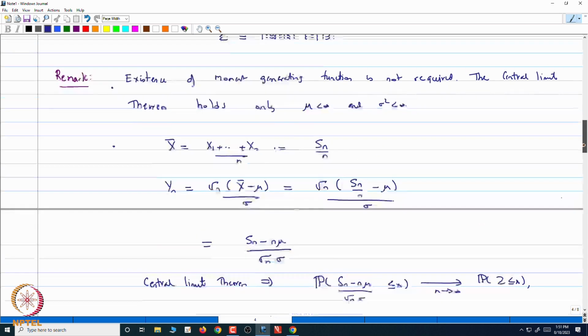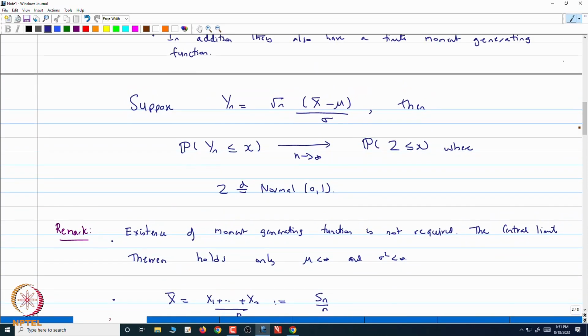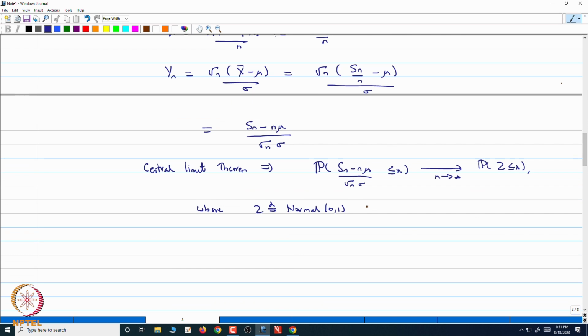Of course, now I just have to be careful here. Here x is any real number, and here also the same thing, x is any real number.